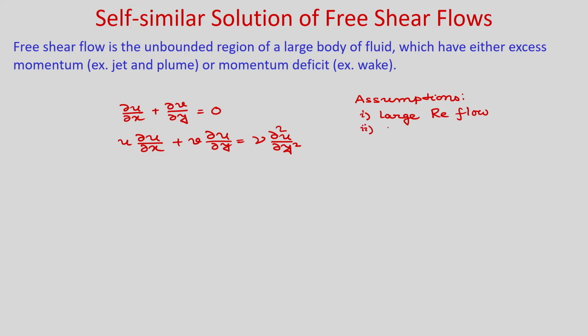Then we are having ∂p/∂y is equal to 0, and also it is open to the atmosphere, and we can have the assumptions of ∂p/∂x is equal to 0, and also we have v velocity is much smaller than u. So, obviously, these are the boundary layer equations.